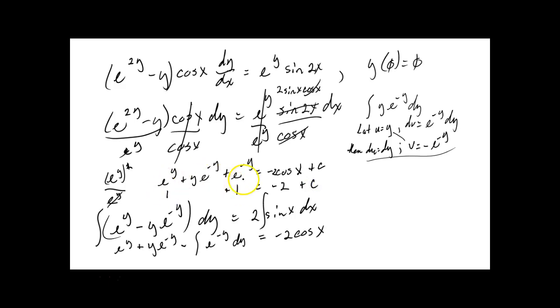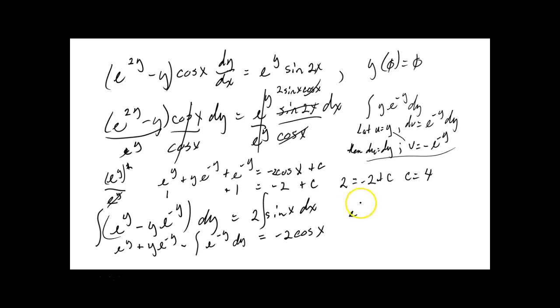We have 1 plus 1 is 2, so 2 is equal to minus 2 plus c. Guess what c is equal to? It's equal to 4. Is that what you said? Yes. All right, so here's our solution.